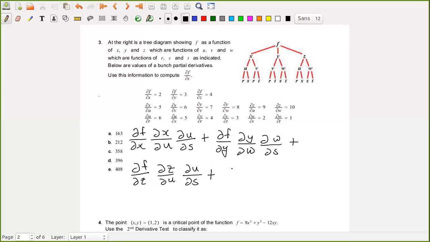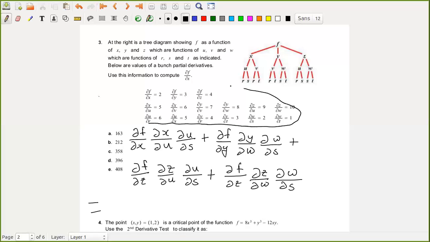So plus the partial derivative of f with respect to z times the partial derivative of z with respect to w times the partial derivative of w with respect to s. And now all of these answers are numbers, so I have to use this information up here to help me complete the problem, okay?